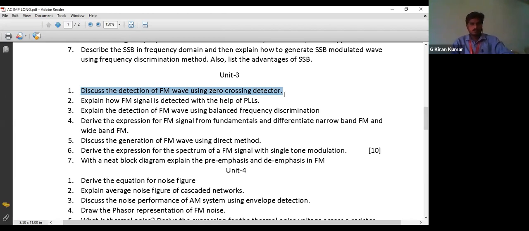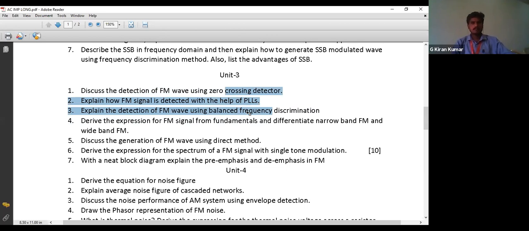Based upon thoroughly verifying the previous question papers, I have designed some important question patterns. Explain the detection of FM. They are mainly concentrated on demodulation in frequency modulation. This is very important.